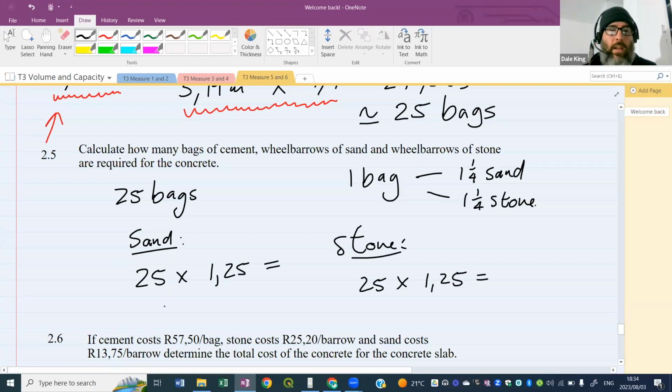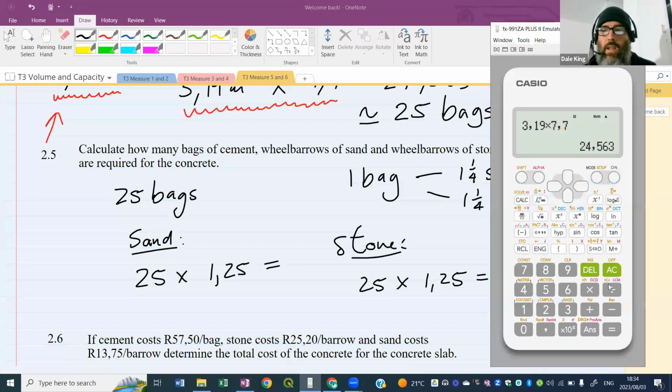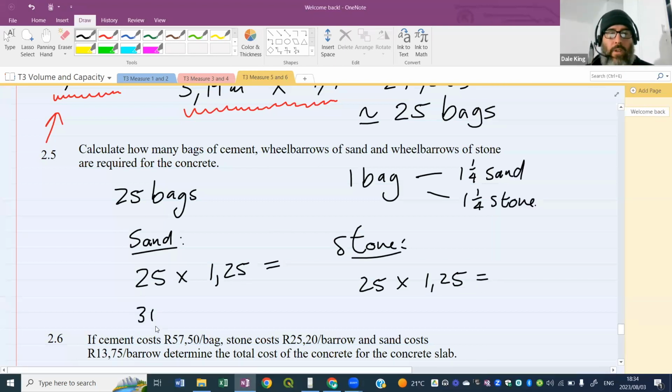So 25 times 1.25 equals 31,25 wheelbarrows. I think we should round that up to 32. Then we'll have enough. And we need 31,25 wheelbarrows of stone.